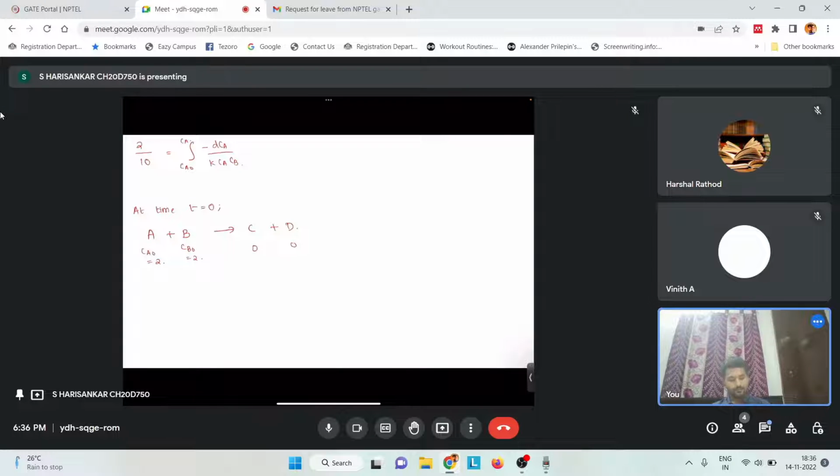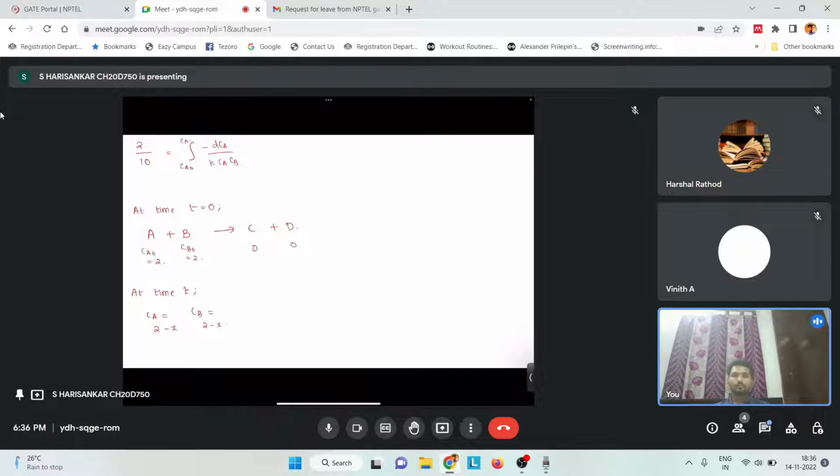Now let's say at time t, our required fractional conversion has already happened. That means X amount of reactants have reacted to form X amount of products. So the concentration of A at this time, CA, will be equal to 2 minus X, and similarly the concentration of B will be equal to 2 minus X, because X moles of A and X moles of B will react.